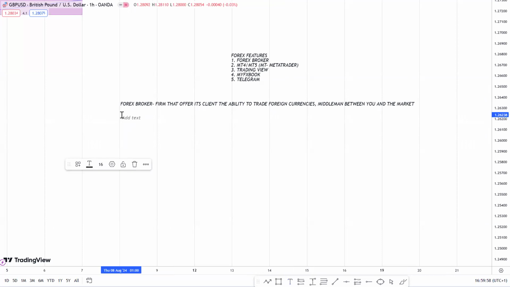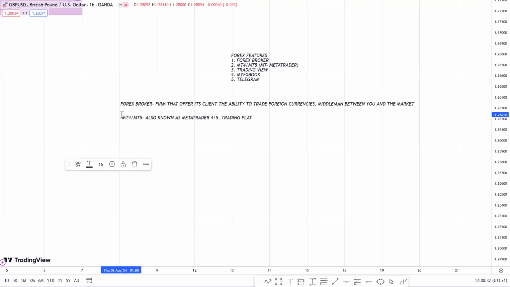So now we have MT4 or MT5, like MetaTrader 4 or 5. That's what that's all about. MetaTrader 4 or 5 are electronic trading platforms.